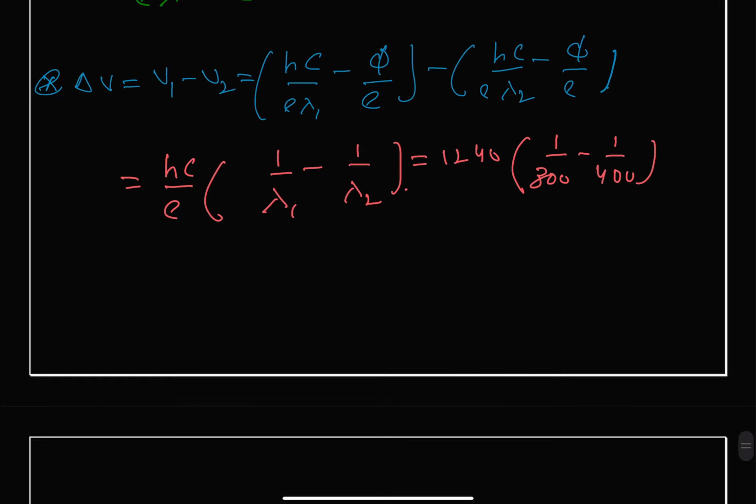So we get our delta V will be 1240 multiplied by, this comes as 0.00083, approximately 1.029 volts.